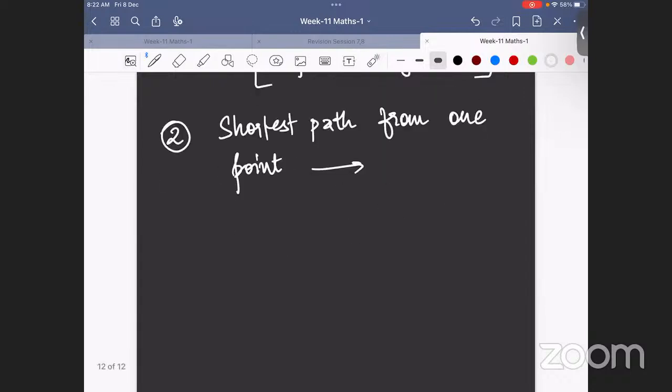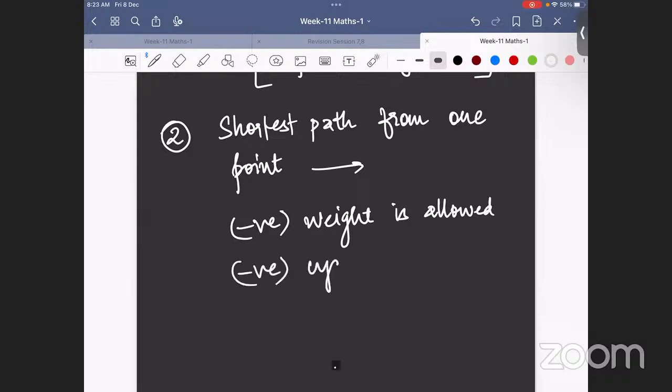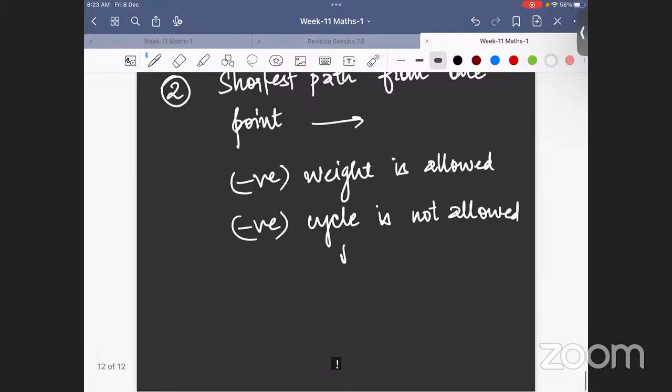Here the negative weight is allowed. But the problem here is there should not be a negative cycle. A negative cycle is not allowed. Then you can use this method. Then you can use this Bellman-Ford algo.